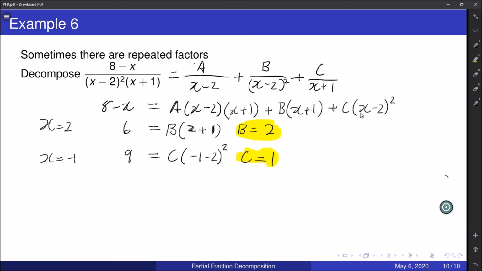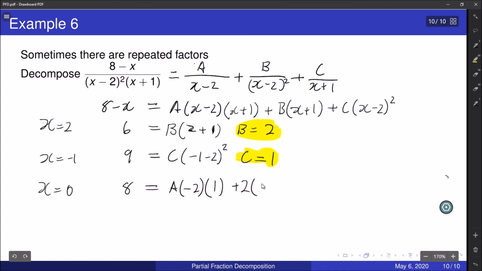In this case, I'm just going to use, once again, x equals to 0 because it's convenient. So 8 equals a times 0 minus 2 is minus 2, times 0 plus 1 is 1. And then plus, what's b? b is 2 times 0 plus 1, so it's actually 1.